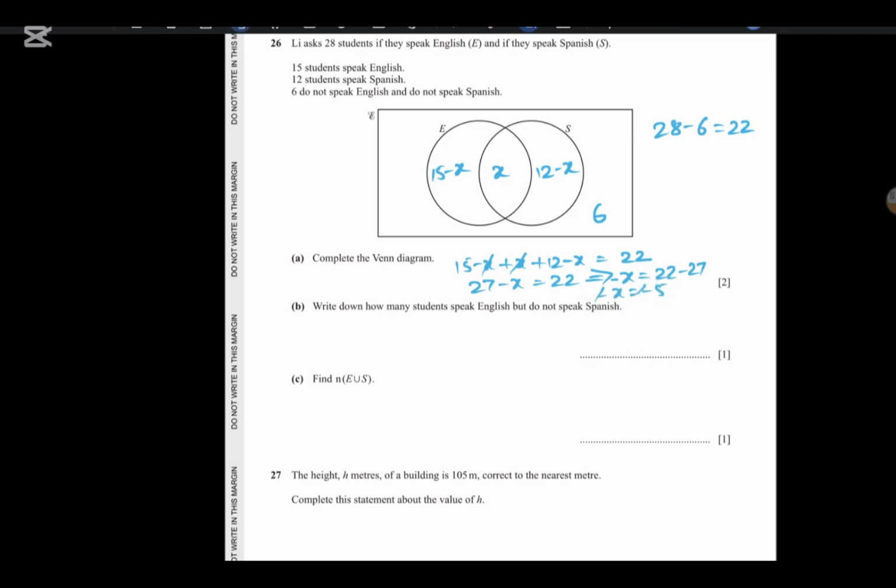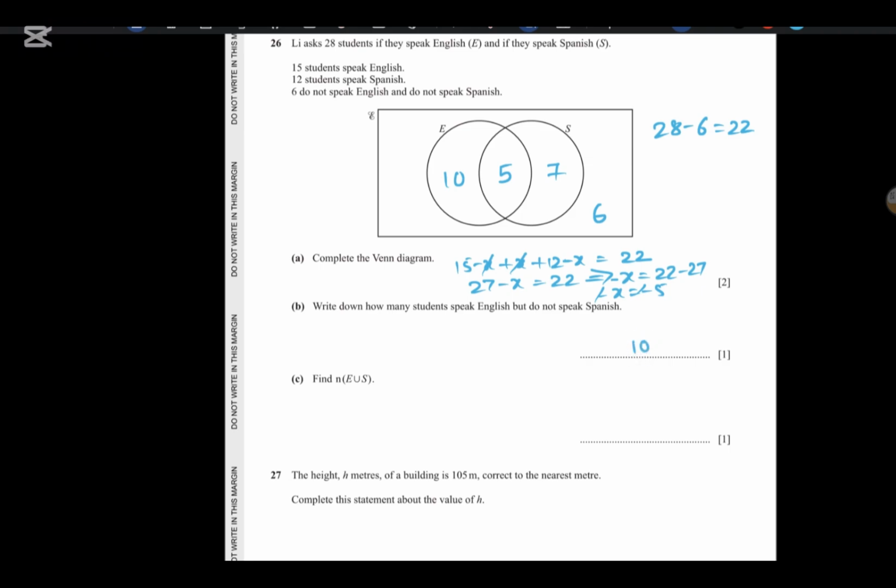So just put 5 in the intersection place, and 15 minus 5 will be 10 and 12 minus 5 will be 7. So this is the complete Venn diagram for this question. Now write down how many students speak English but not Spanish. English but not Spanish is 10, which we already found out.